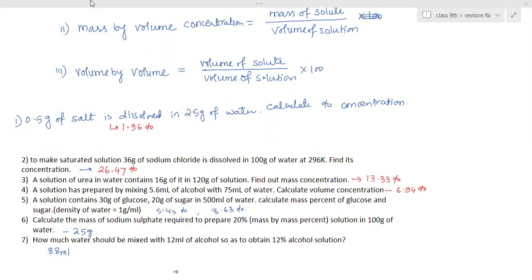Ma'am, I got 20. What have you taken as the mass of solute? I substituted into the mass by mass percentage formula. What is the mass of solute? x. And the mass of solution? 100. How is the mass of solution 100? Oh, solution. Okay, ma'am, I got it.